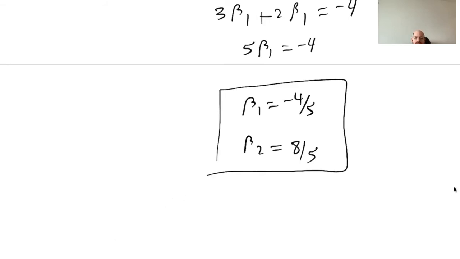And then what will be the solution? Well, we had beta 1 times the first solution plus beta 2 times the second solution.